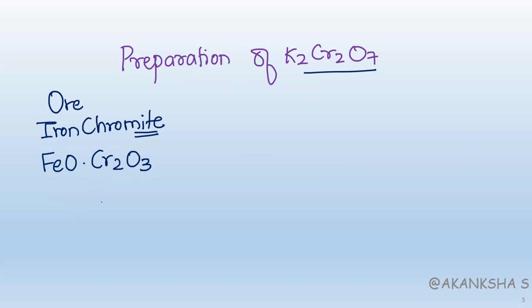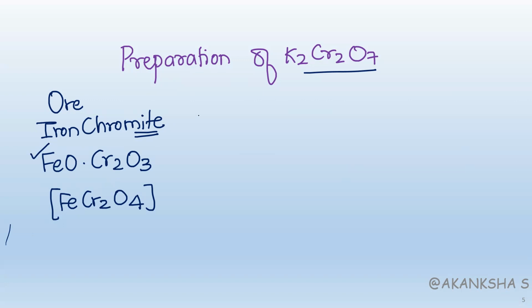Many students find it easy to remember it this way, but while deducing the equations, I would like you all to remember it as FeCr2O4. It's the same thing, nothing different. In MCQs, definitely you can vouch for FeO·Cr2O3.